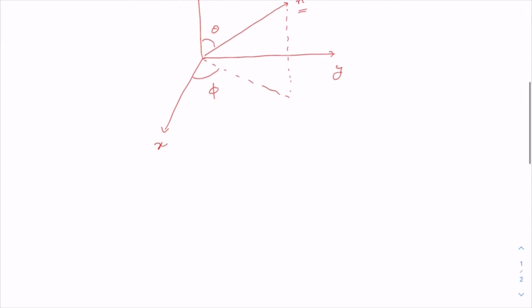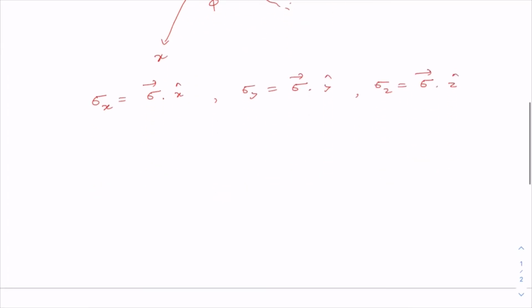So what about the Pauli matrix along this direction? You can take the cue from the fact that sigma x is the Pauli vector along the x direction, x cap, sigma y is the Pauli vector along the y direction, and sigma z is the Pauli vector along the z direction. So quite clearly, the component of the Pauli matrix along this arbitrary direction n cap would be sigma dot n cap.